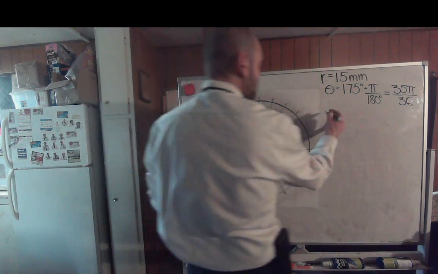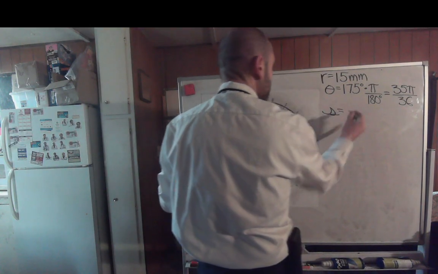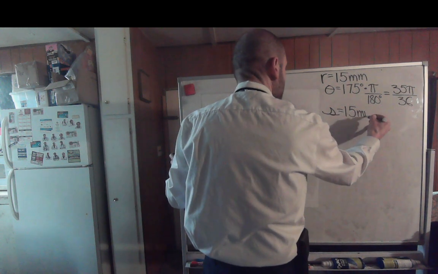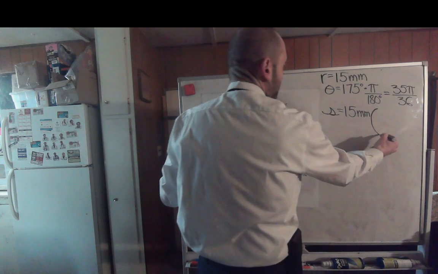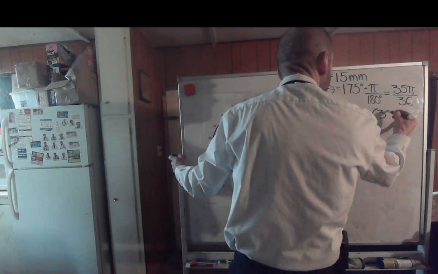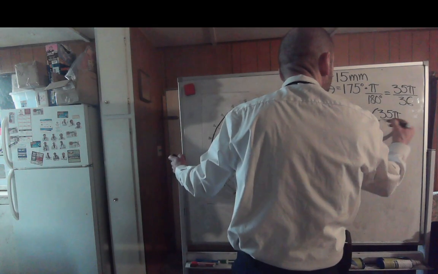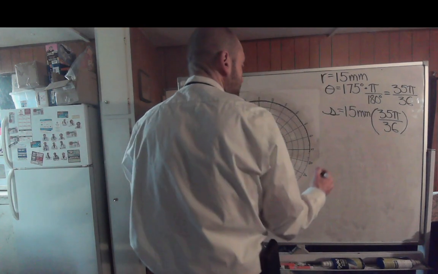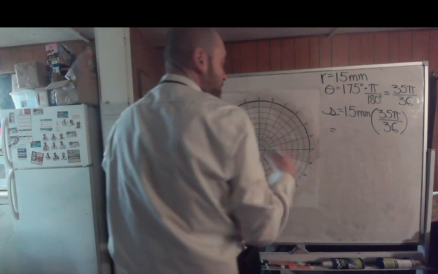So now let's go ahead and find the length of the arc. That's going to equal my, not my arc length, my radius of 15 millimeters times my theta of 35 pi over 36, which I know 15 and 36 are both reducible by 3.